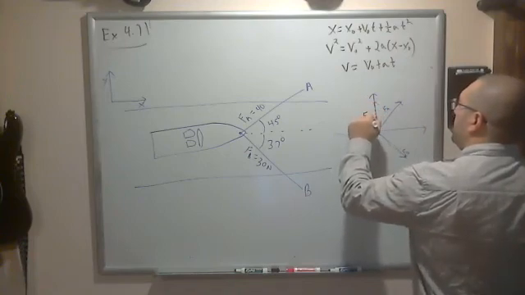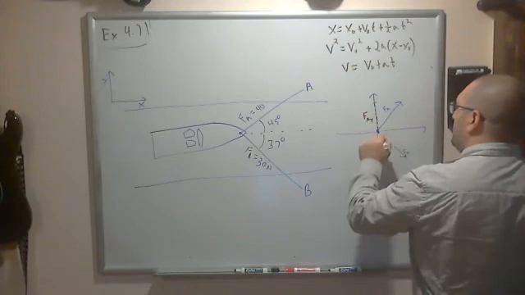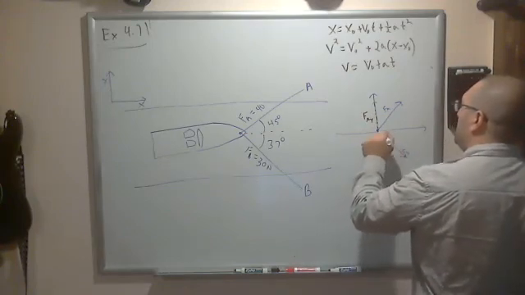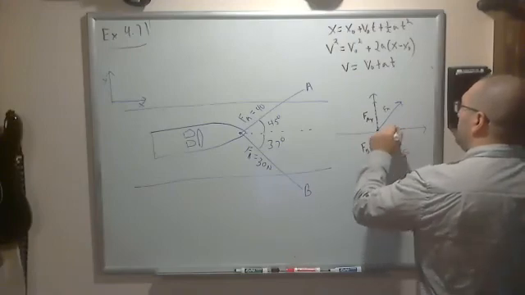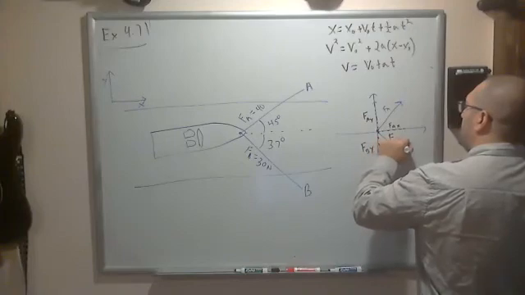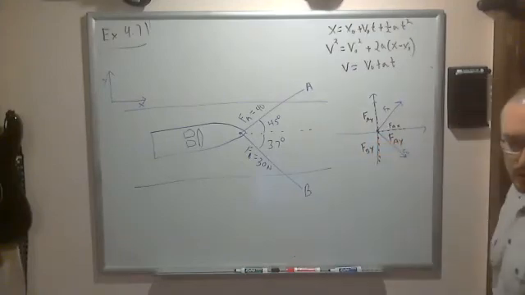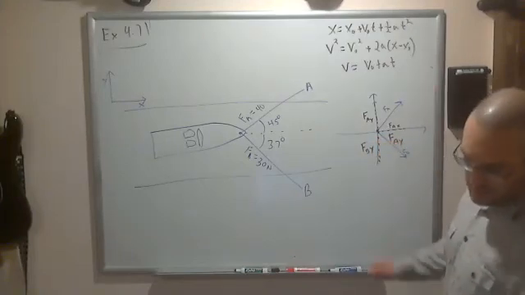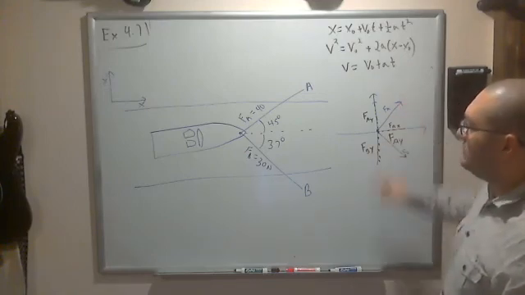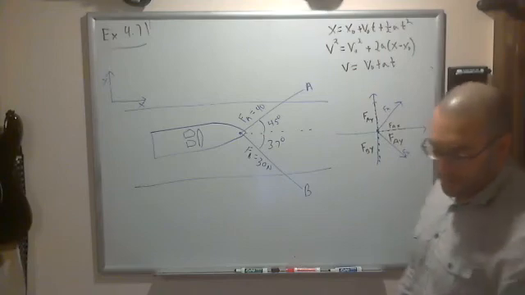This is FAY, FBY, and then we have FAX and FBX. Right? And these are the four components. So we have to break the forces down into each of their components and then sum them up.